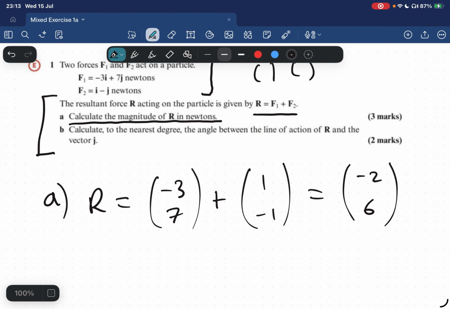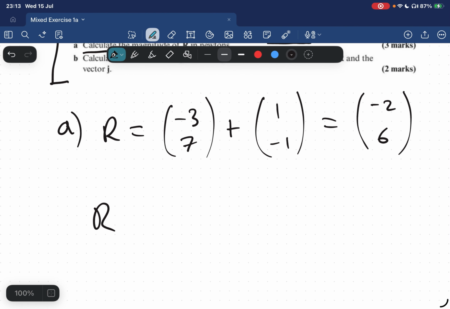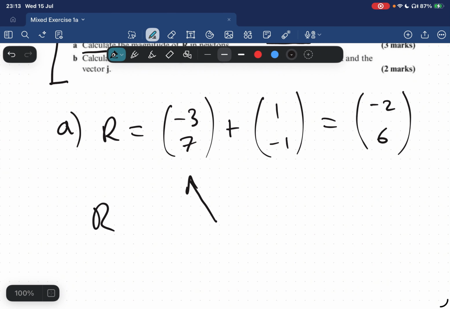So what does the magnitude of R mean? Well, here's R, and here is your vector. It's going across 2, back 2, up by 6. We're using Pythagoras' theorem, sorry, I said Pascal's triangle, to figure out what this R is.